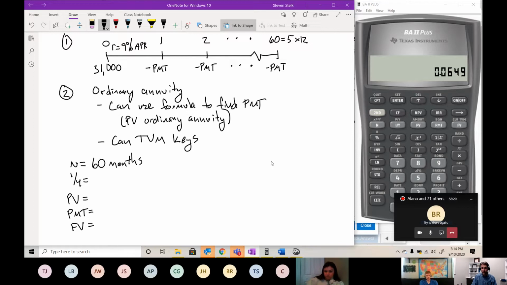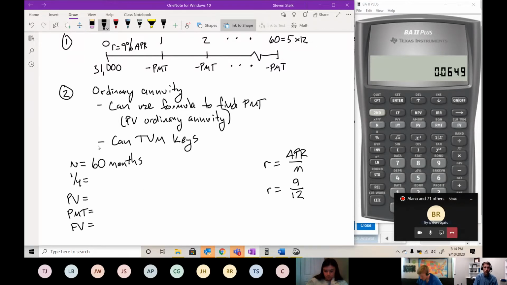where the periodic effective rate, I'm just going to write it out to the side here, the periodic effective rate, or R, is equal to the APR over M, where M is the number of compounding periods per year. So R in this problem is our 9% APR divided by 12.